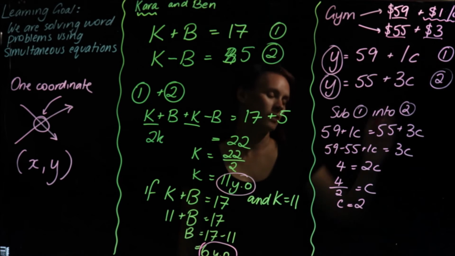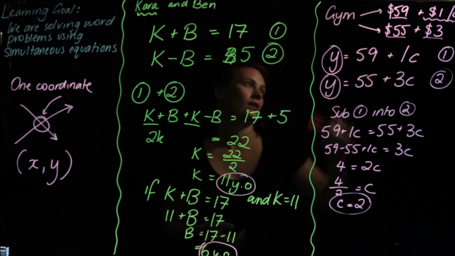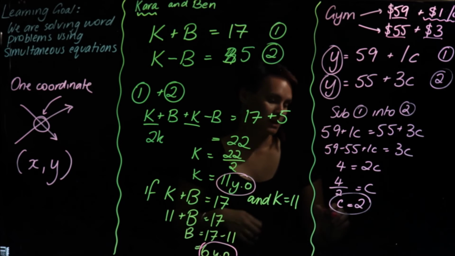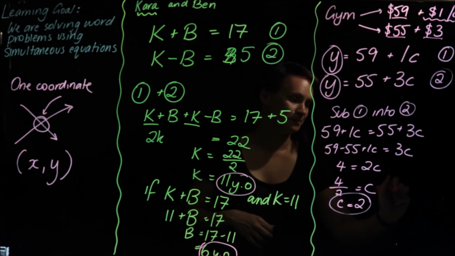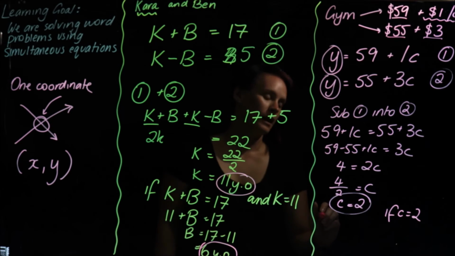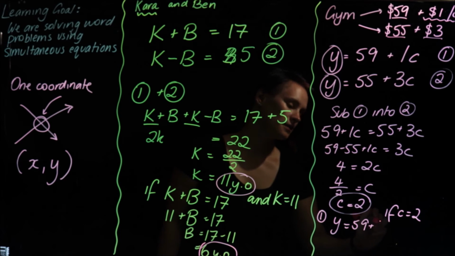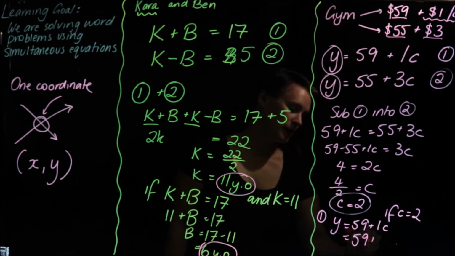Now, if the number of classes that we take is 2 when they are even, let's find out how much these gym memberships are going to cost. So we can say if C equals 2, then let's look at 1, and Y equals 59 plus 1 times C. So we can say 59 plus 1 times 2, which will just give us $61.